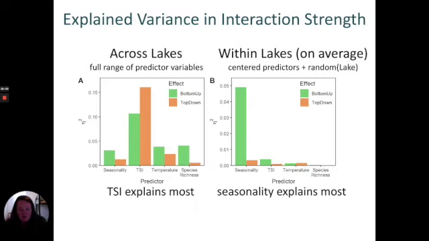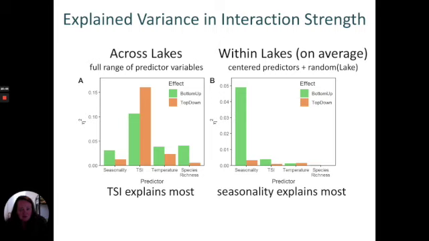So what do we find? So across lakes, both bottom-up and top-down effects were driven by nutrients. And they explained a lot more variation than even the next closest predictors. Whereas within lakes, seasonality seemed to be the most important thing, mostly in the bottom-up effects.